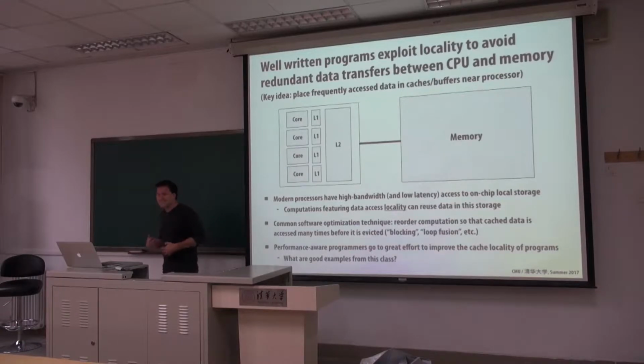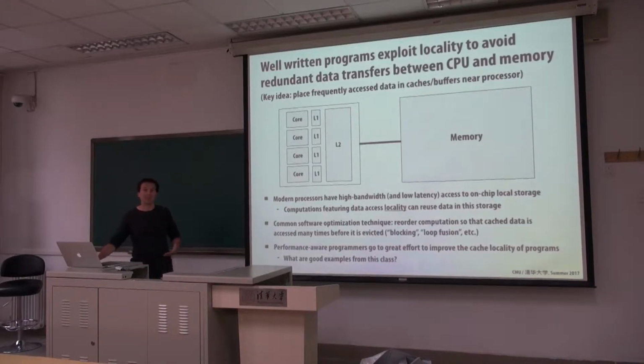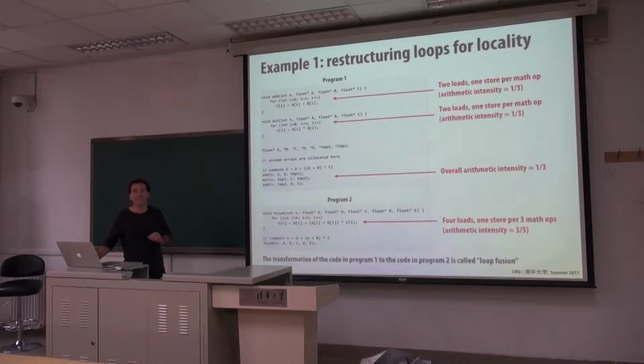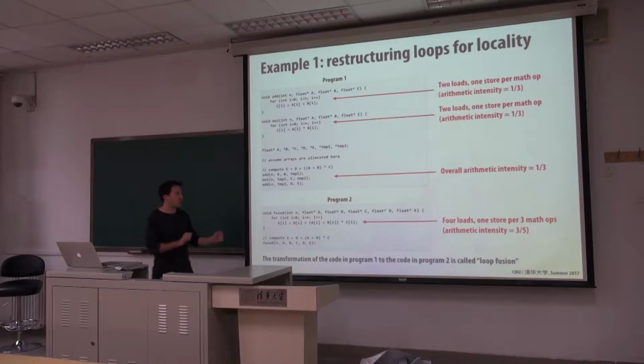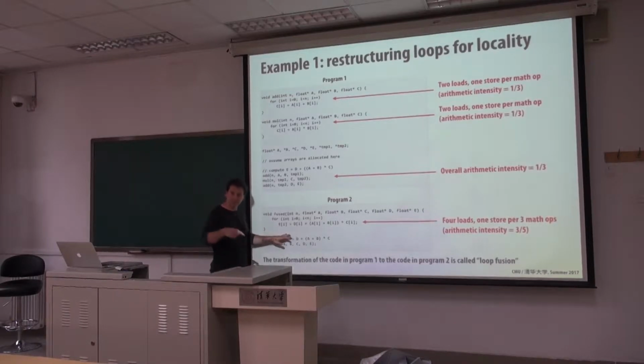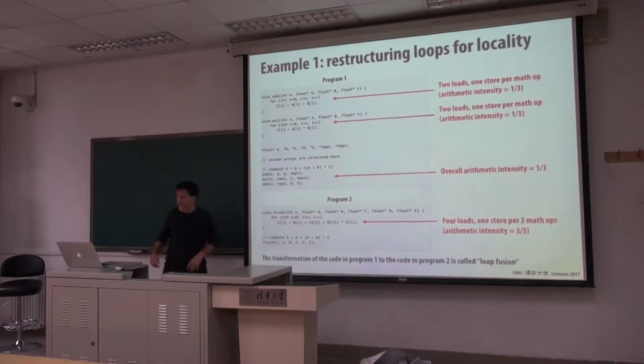You are probably tired of me talking about this, because I've shown you this slide in class 5 different times about reorganizing a computation so that we reuse the data multiple times.